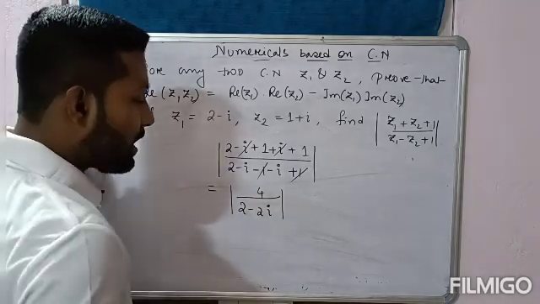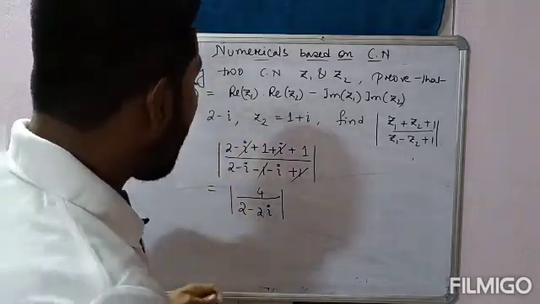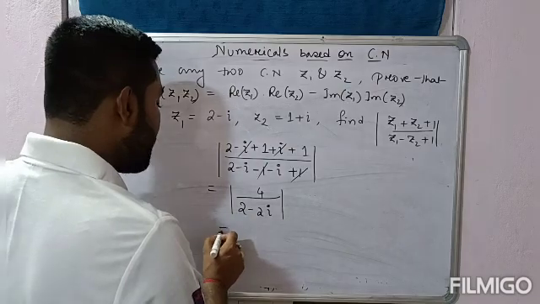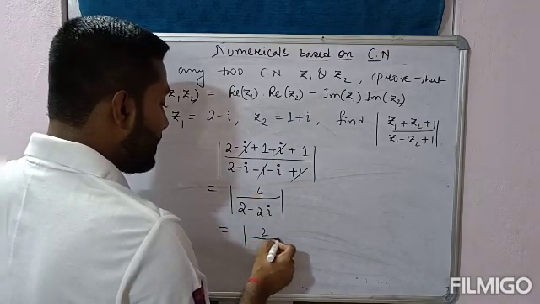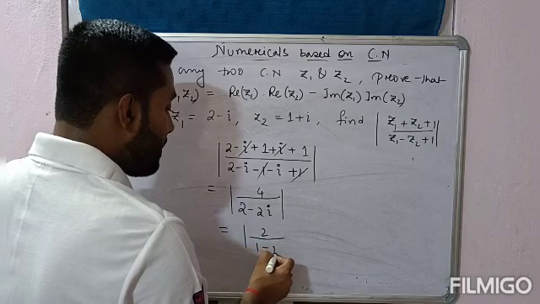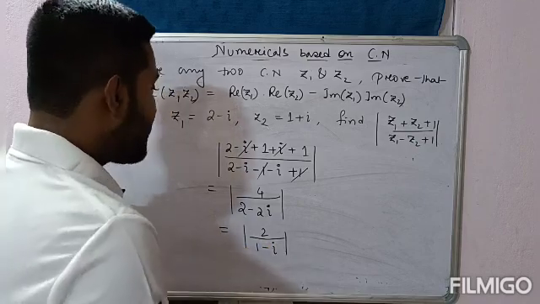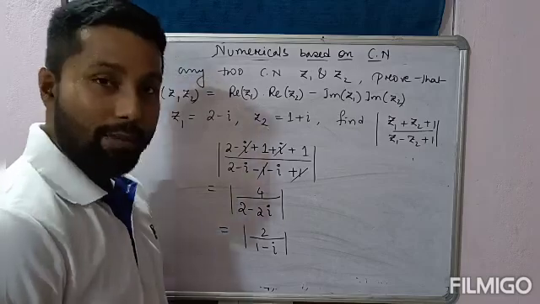All right. So now what we can do, take 2 common from the denominator and cancel with numerator. So it can be written as now 2 by 1 minus i. Yes, so 2 by 1 minus i मिला मुझे.